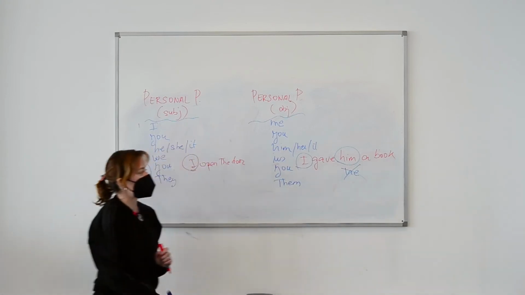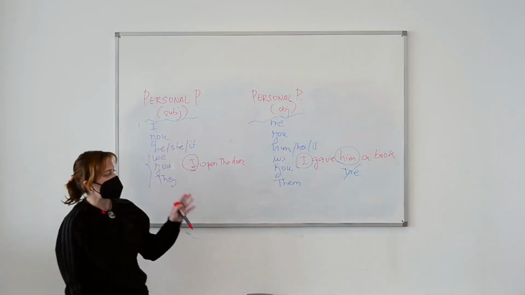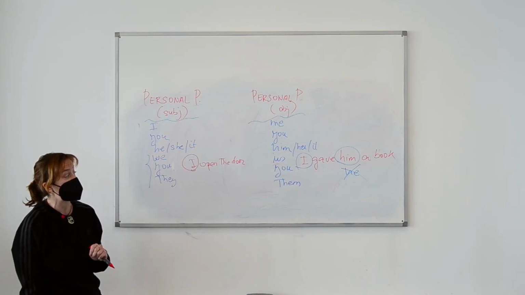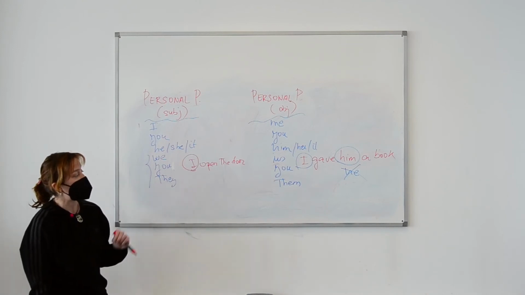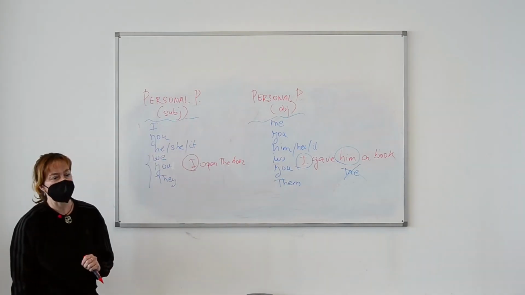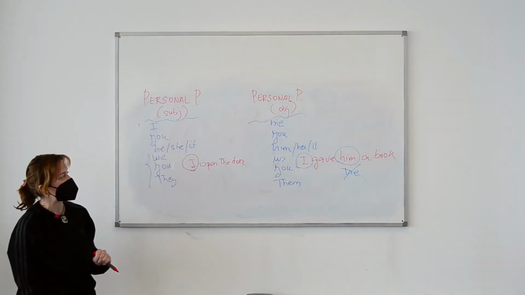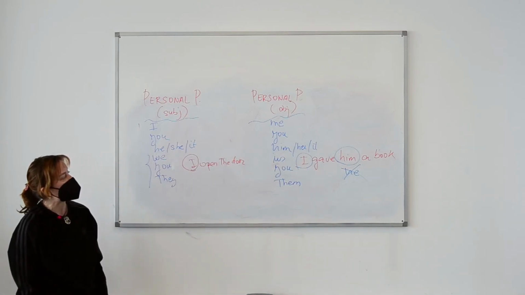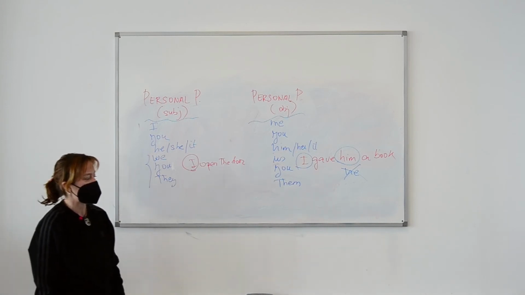It's not possible because he, in this case, is the object of the sentence, an indirect object in this case, and not a subject. Only these pronouns can function as the subject of the sentence, while these ones can function as the object of a sentence, direct or indirect object, both possibilities.